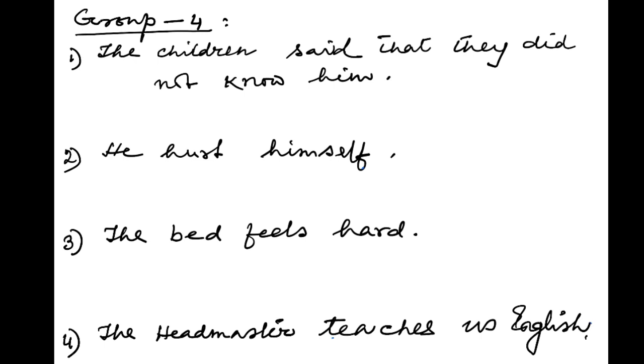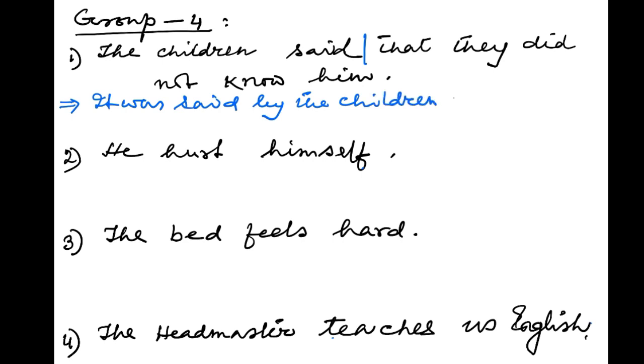Now see your answer. Check your answer. "The children said..." is a complex sentence consisting of how many clauses? 2 clauses. The answer will be: it was said by the children. That is one part. Then "that they did not know him."